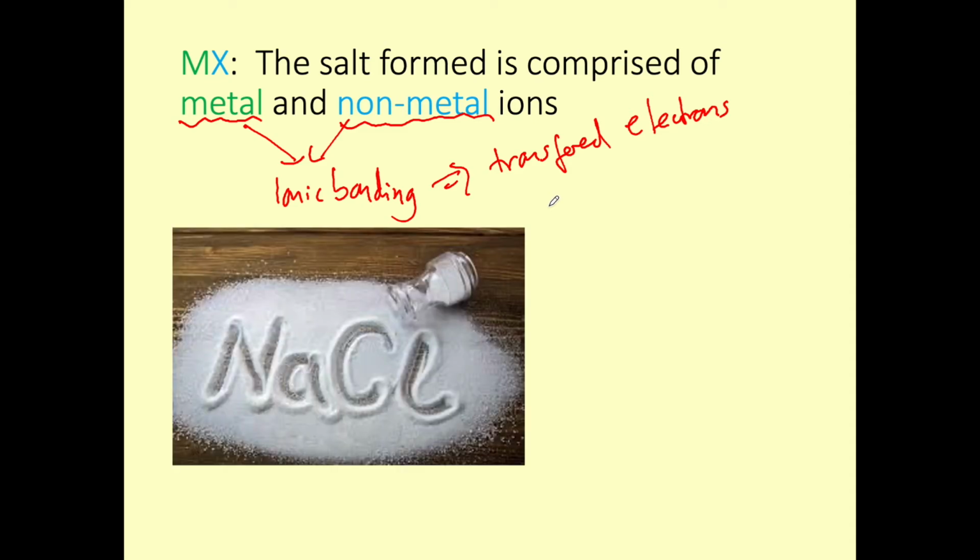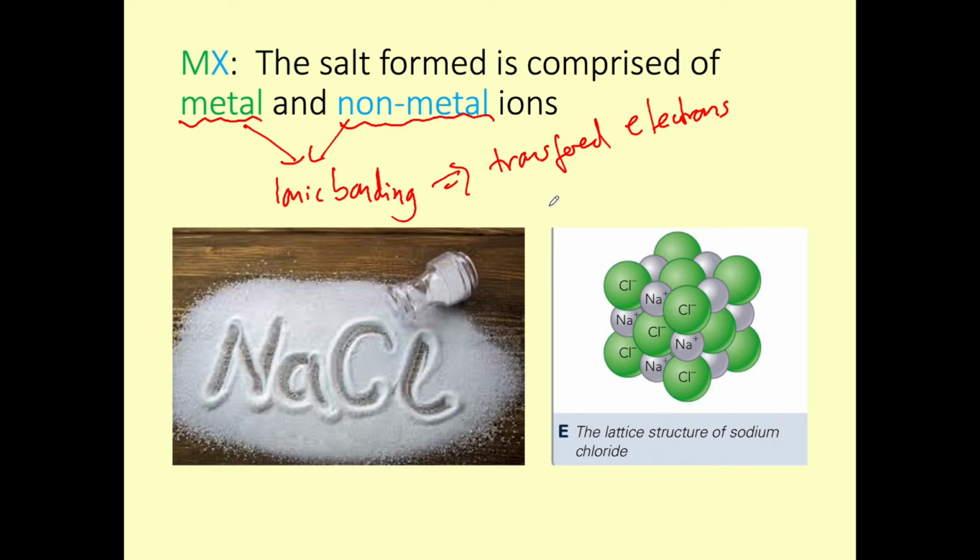So sodium chloride is actually the salt we use for our food, so table salt, and this is what its structure looks like. This is what we call a giant lattice, and what you can see here is that there is an alternating arrangement between our positive sodiums and our negative chlorides. So every positive sodium is surrounded by negative chlorides, and every negative chloride is surrounded by positive sodiums, and that extends throughout this entire structure.